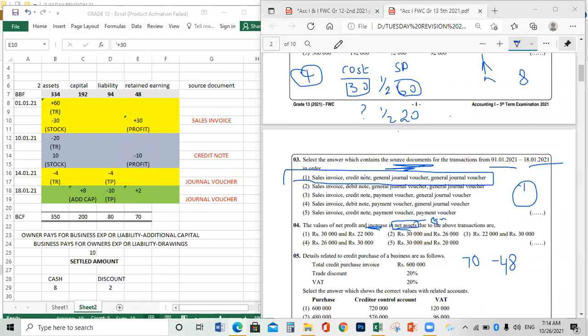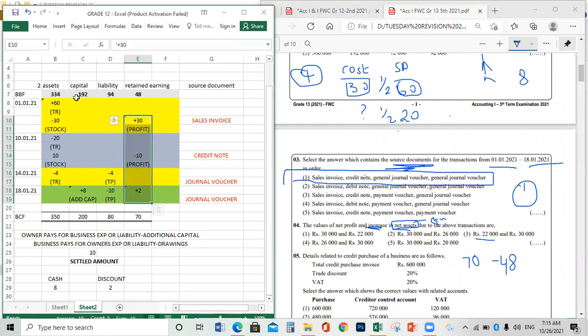Profit for the year, very good, 22,000. Guys, remember, in retained earnings you record the profit. You take the closing, deduct the opening retained earnings, and you will get the profit. So profit is 22,000. Now they're asking what is the net increase in net asset?